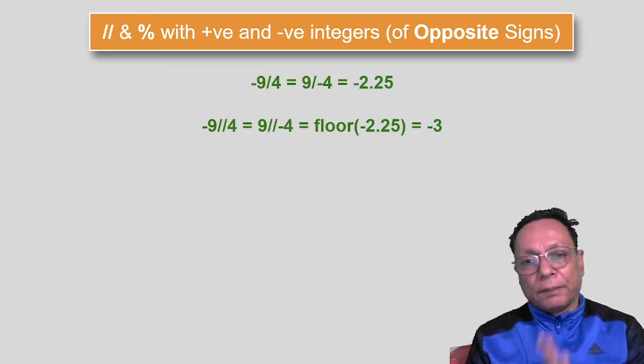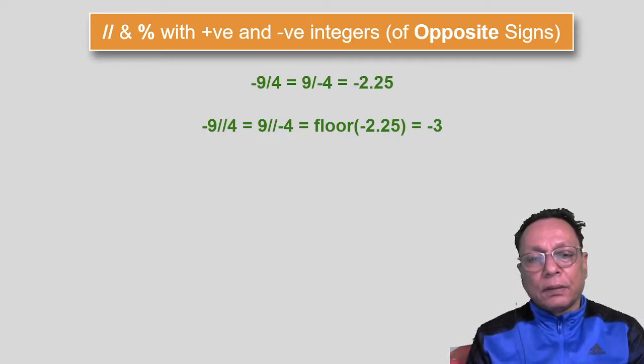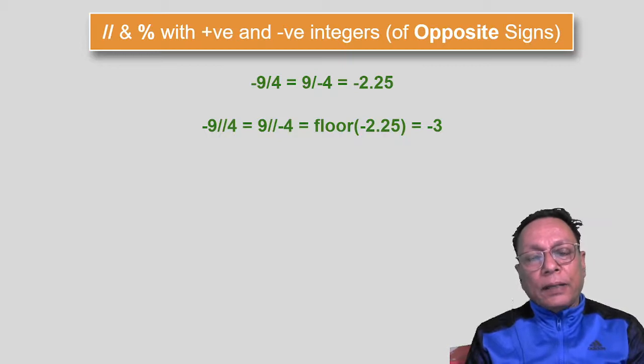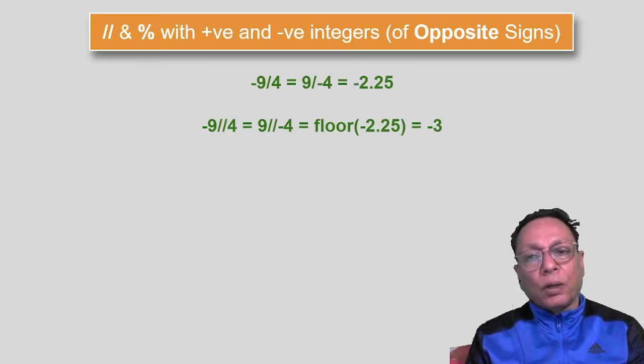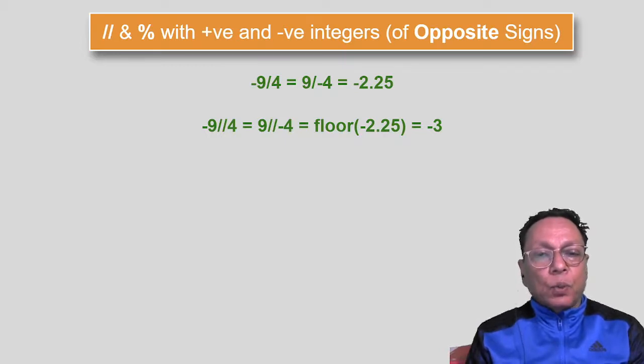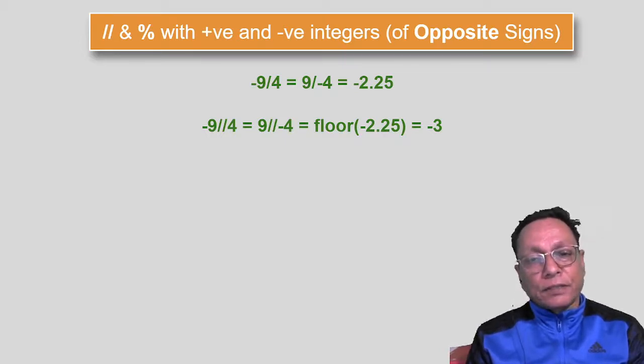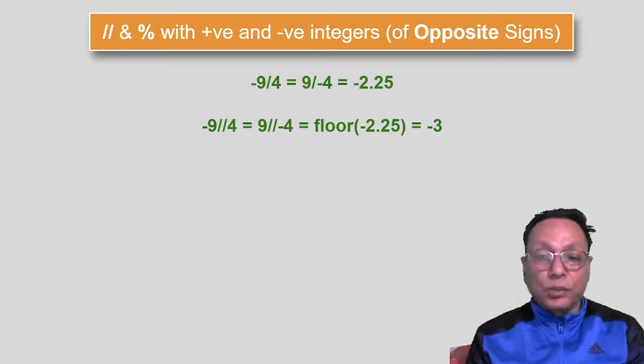So keep in mind, this is very important. While taking the floor division, if your dividend is negative, say minus 9, and the divisor is positive, the quotient will always be negative.